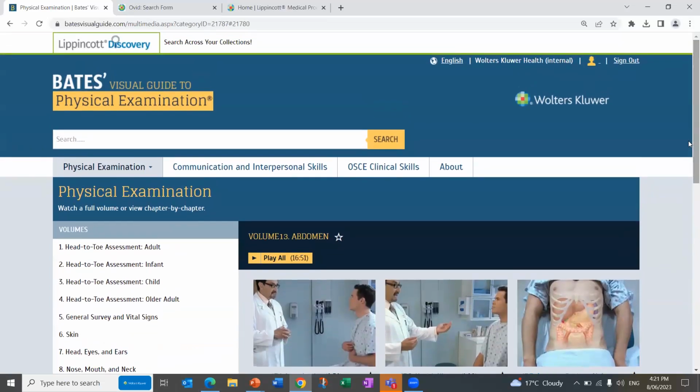Physical examination, though, is only a part of what a doctor or a nurse does as far as helping a patient is concerned. What they also have to do is deal with the patient as an individual. They have to deal with them as a human being.